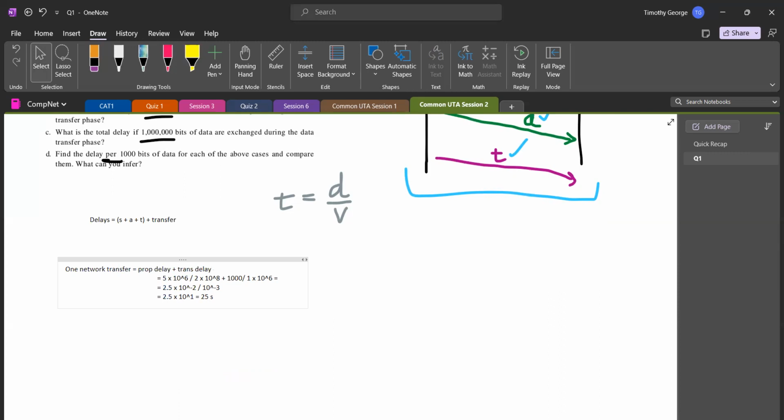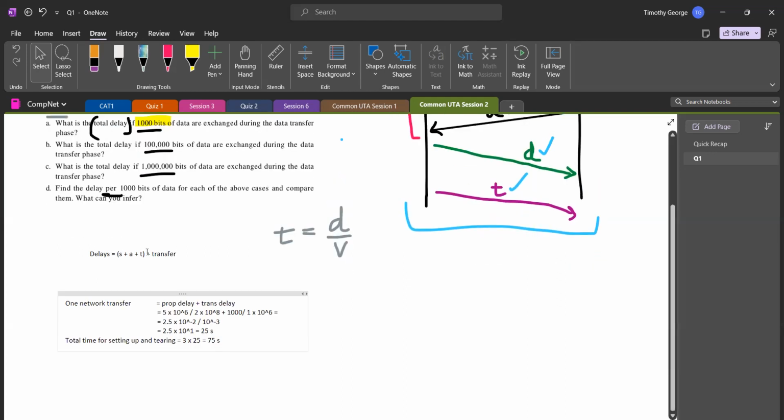It's just transferring to set up the network. So the total time for setting up and tearing down is going to be 3 times 25, that is 75 seconds. This is S plus A plus T.